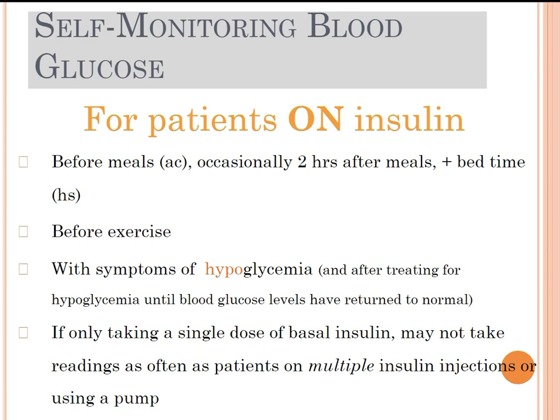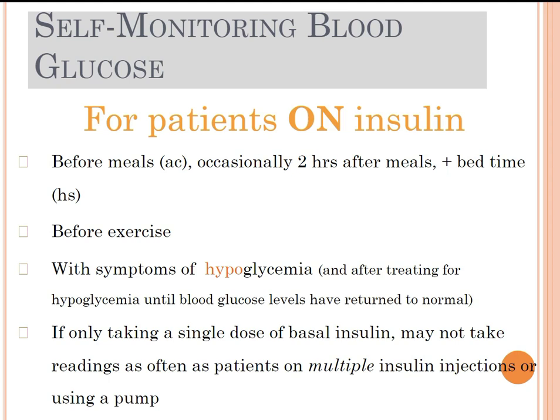So, recommendations on how often a patient should be self-monitoring their blood glucose will vary from individual to individual, and it depends largely on how likely the person is to be hypoglycemic, how likely it is for their blood sugar levels to drop.